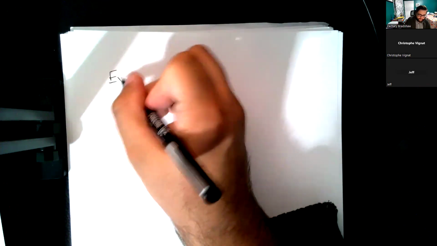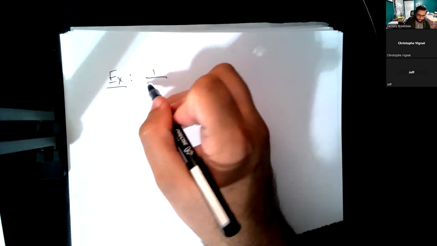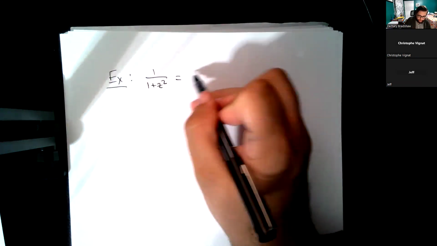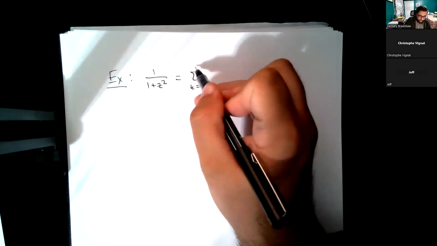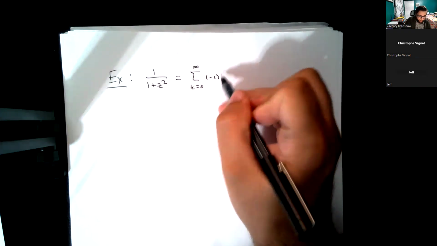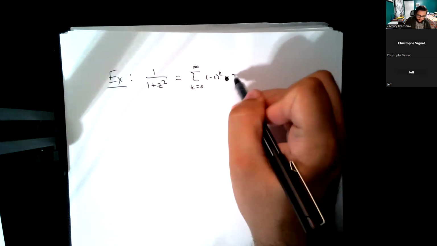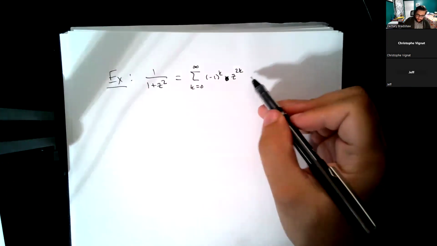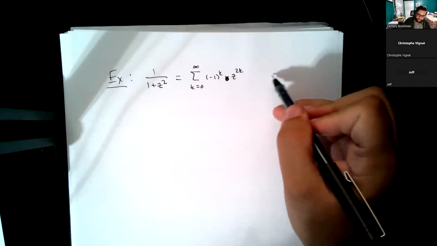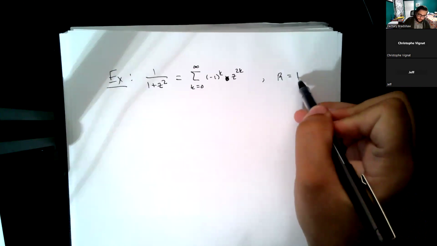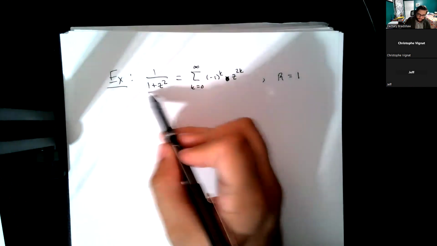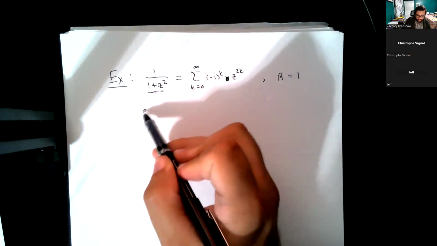So just as a quick example, I want to mention 1 over 1 plus z squared. So this is equal to the sum from k equals 0 to infinity of minus 1 to the k, z to the 2k. And this has a radius of convergence 1 because this function has singularities.